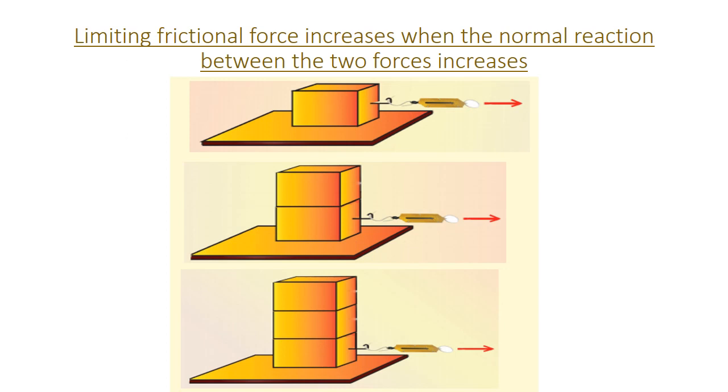Okay, in this practical, we are trying to find out the influence of another force on the limiting frictional force. Limiting frictional force increases when the normal reaction between the two surfaces increases. Let's check that. Here there are three experiments. At the first step there is only one box, at the second step there are two boxes, and at the third step there are three boxes.